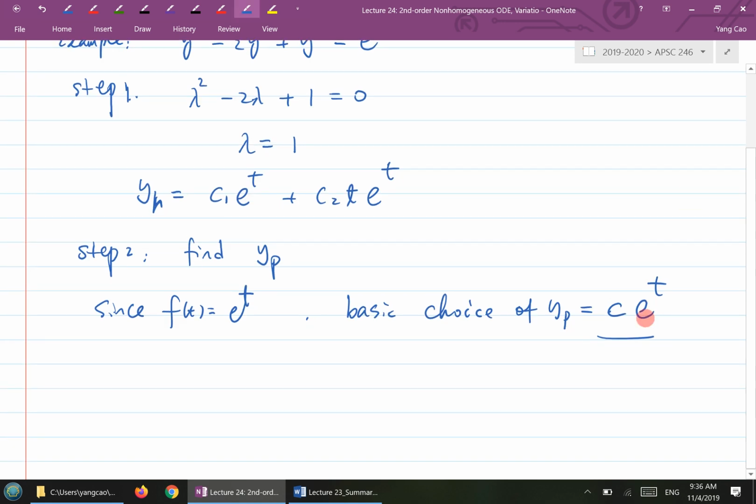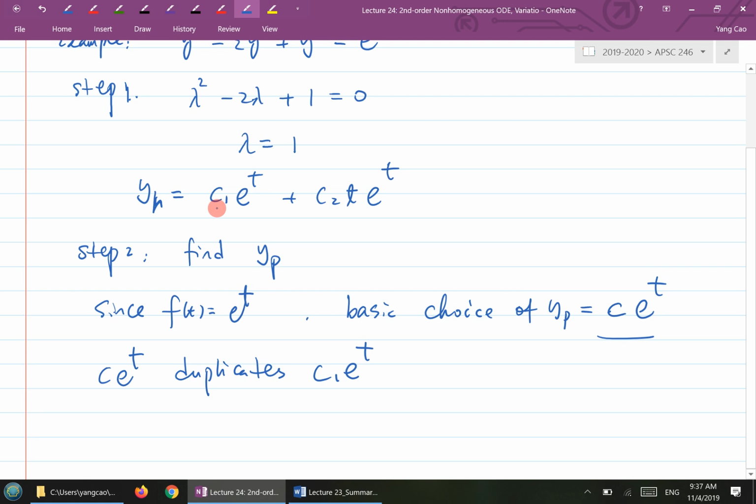If you look at this and the two basic solutions here, apparently c times e to the power of t duplicates the c1 times e to the power of t. So it's nothing special. It's already included in the YH. So your YP, the particular solution, is not really particular.